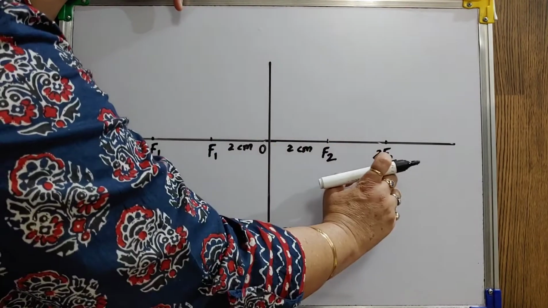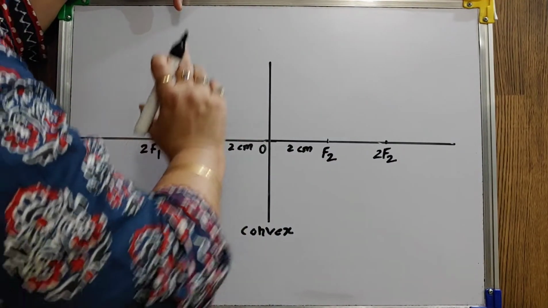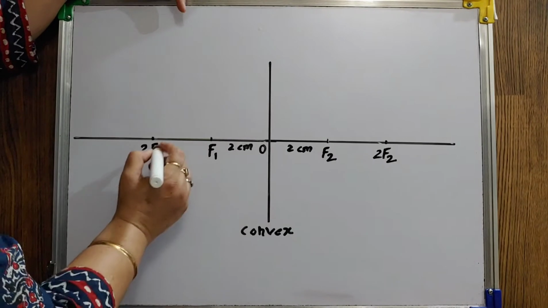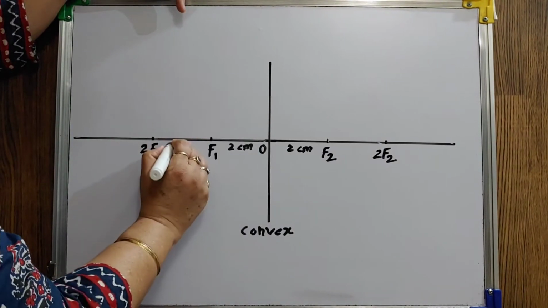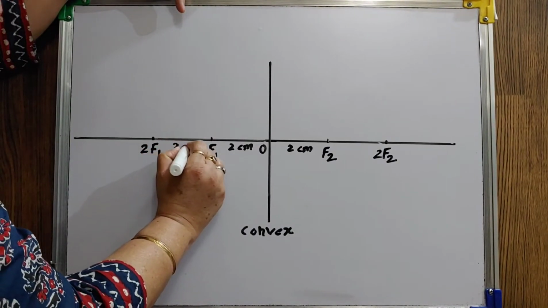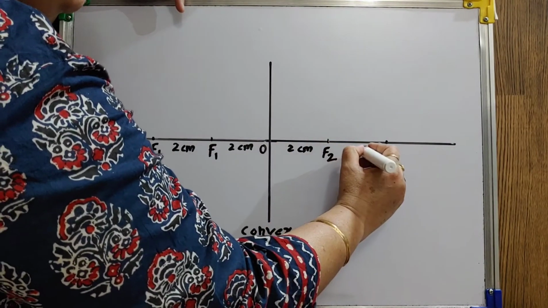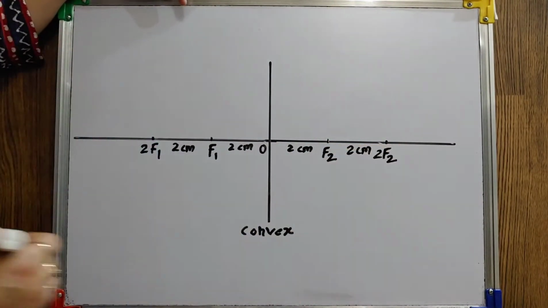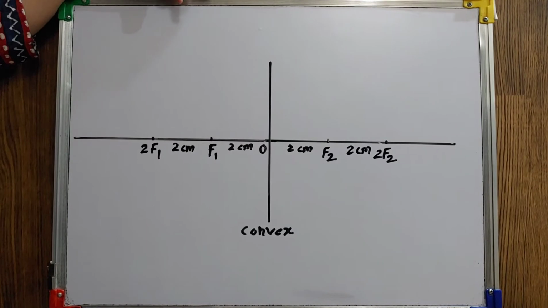So these are the centers of the spheres of which those parts are made. So this is double the radius. Again you take this distance also 2 centimeter. Always take it in this way.